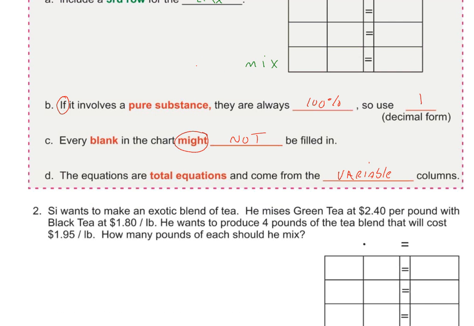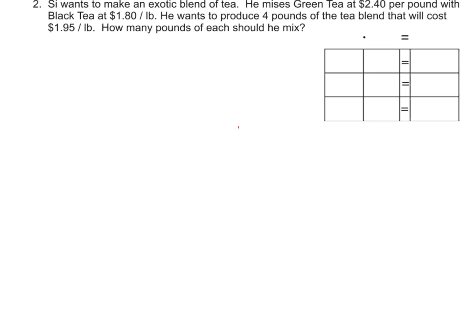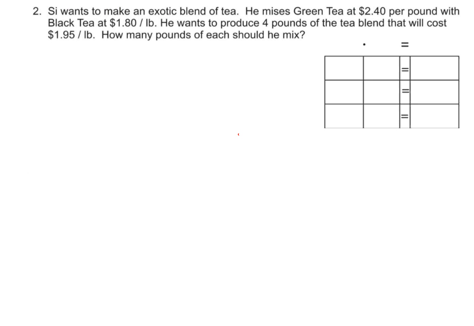Let's see what we can do. Example number 1. Cy wants to make an exotic blend of tea.